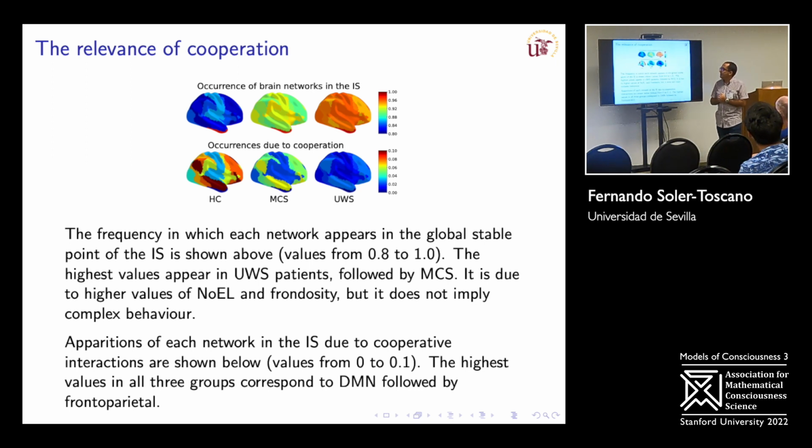We find very much cooperation in cooperative interactions in healthy controls, and much lower values in patients with impaired consciousness, minimally conscious and unresponsive. An interesting result is that the brain networks with higher values of cooperation are the default mode and frontoparietal networks, and it agrees with several studies of the relevance of those networks in consciousness.